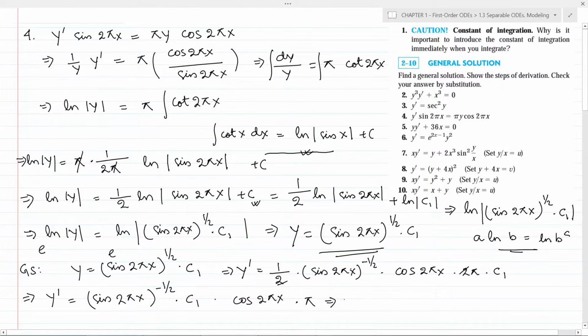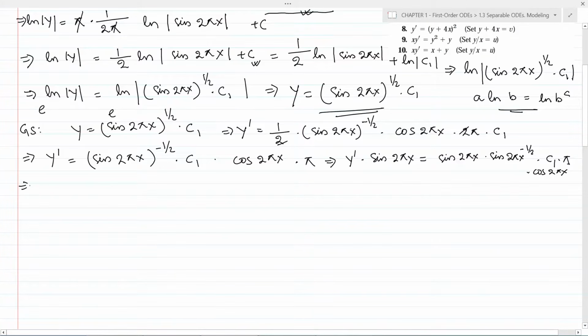Now we multiply sin 2 pi x on both the left hand side and right hand side and we get y dash multiplied by sin 2 pi x is equal to sin 2 pi x multiplied by sin 2 pi x to the power minus half multiplied by c1 multiplied by pi multiplied by cos 2 pi x, which implies y dash multiplied by sin 2 pi x is equal to, from these two terms we get sin 2 pi x to the power half.